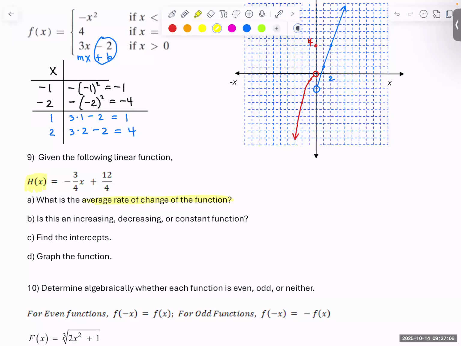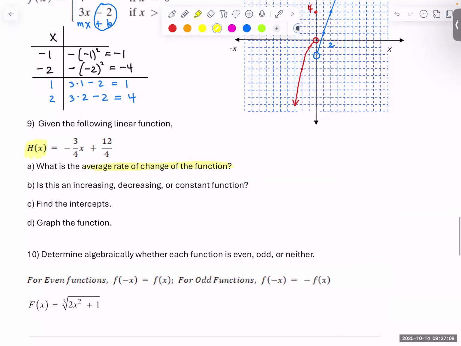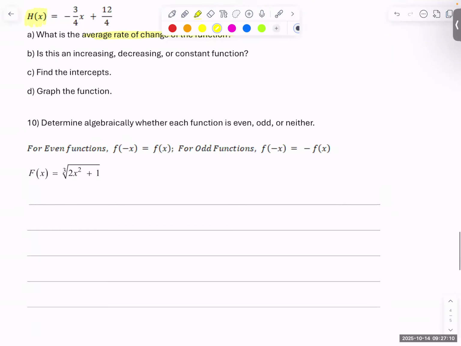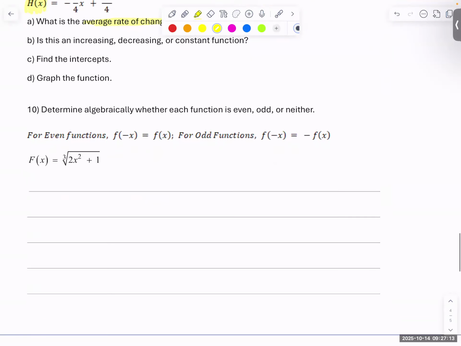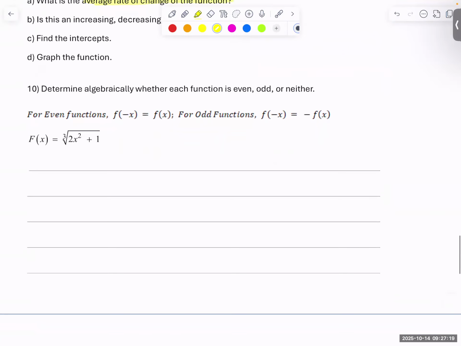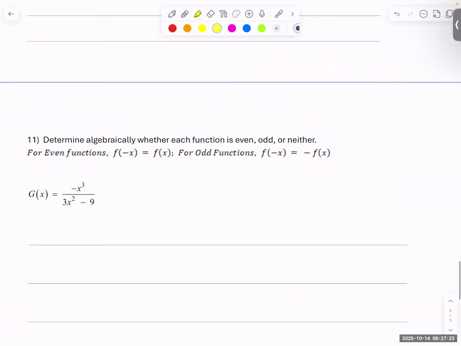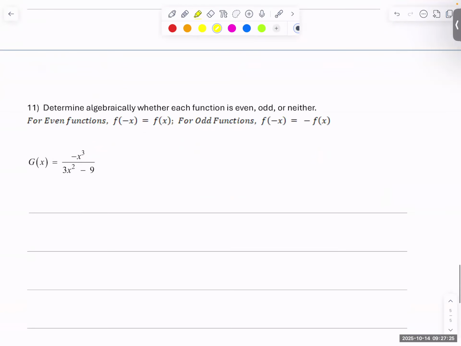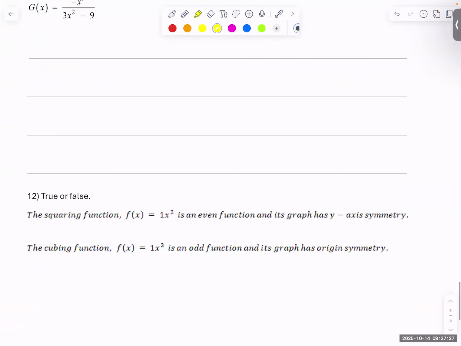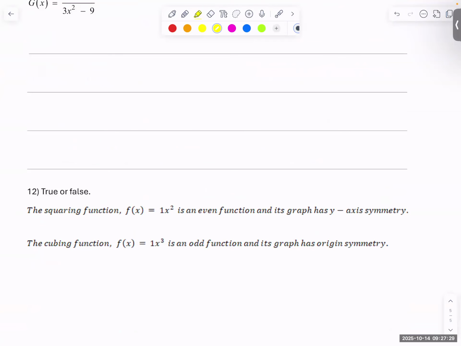So make sure to review number 9. Review how to show if a function is an even function, or to show whether or not a function is an odd function. 11 is similar. And 12 is true or false.